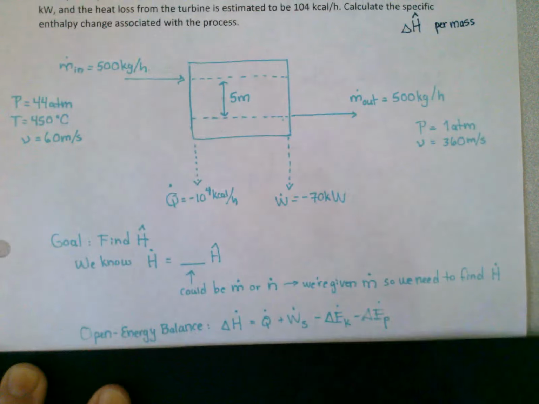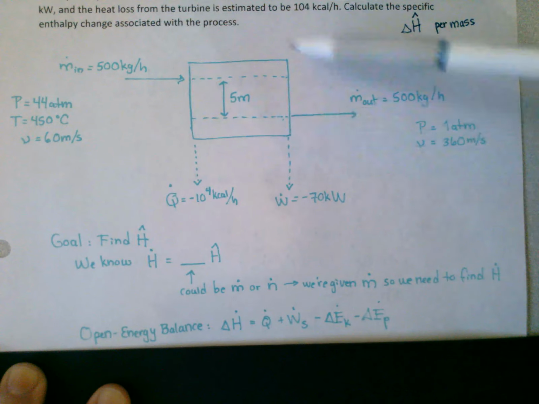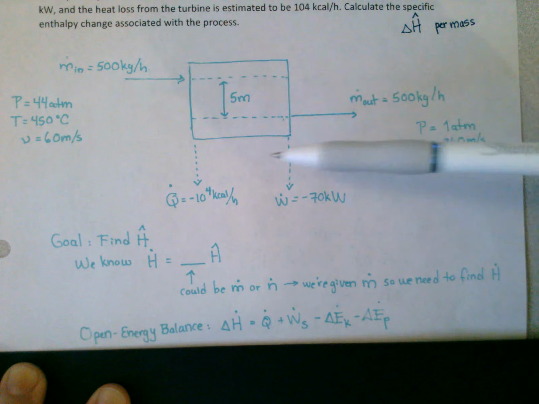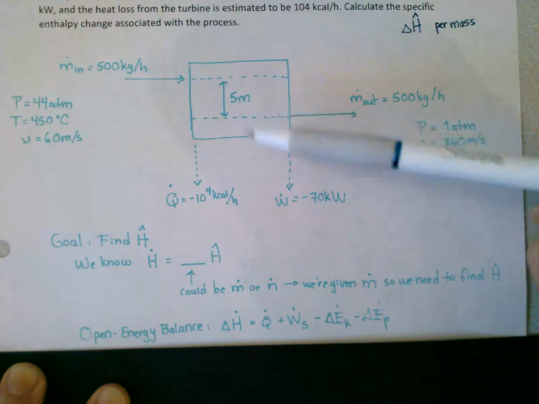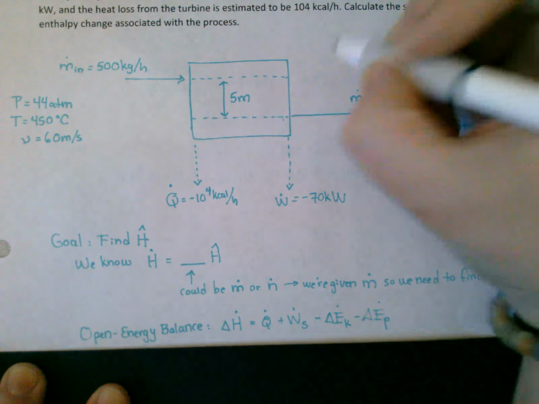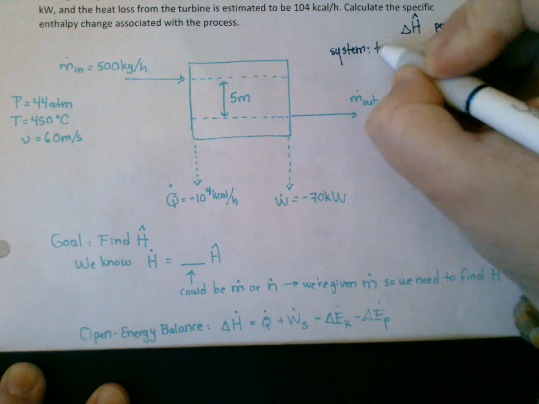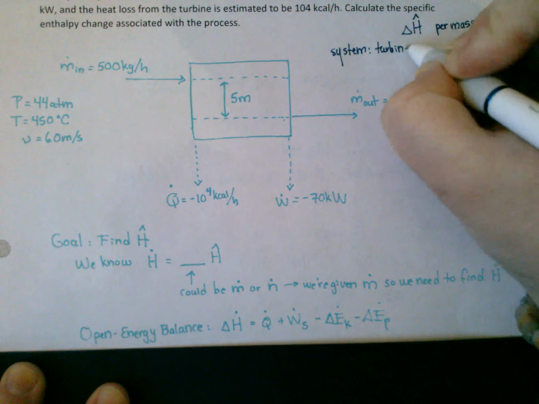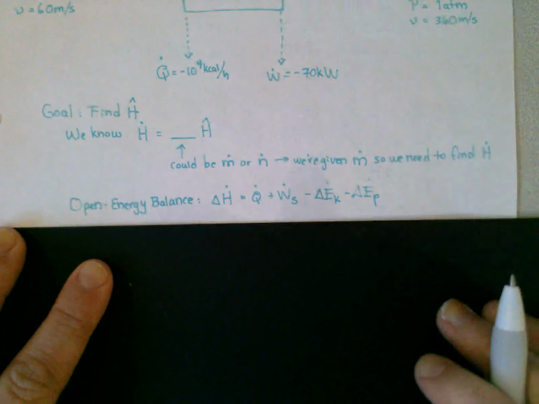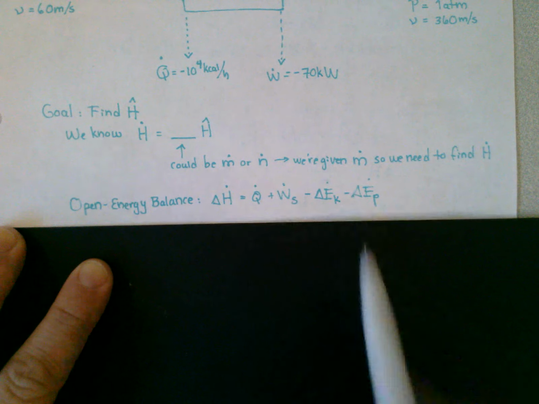Now, if the system itself is the turbine, mass is crossing the boundaries. And if mass is crossing the boundaries of the system, and the system, let's write this for ourselves, the system is the turbine, then that's the other indication that it's the open energy balance. Okay, so a couple ways that you can figure this out.